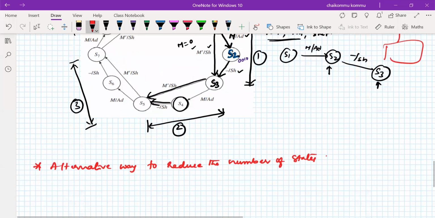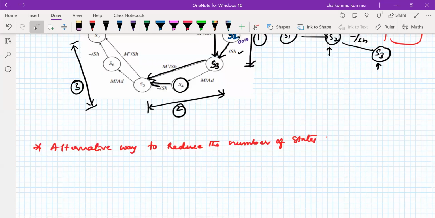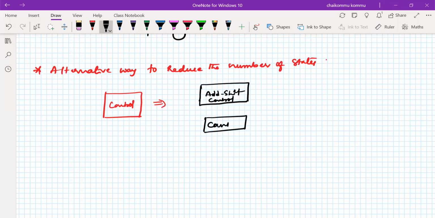For example, we have a control unit here, right? Divide the control unit into two sub blocks, something like this. One block is only meant for add shift control, and by using the counter, it is possible.